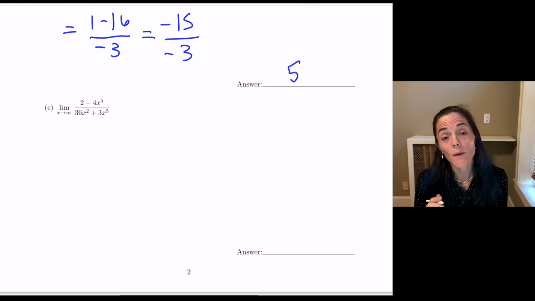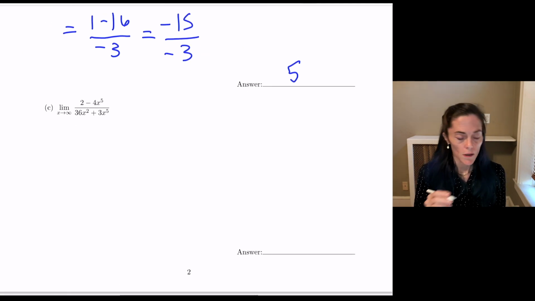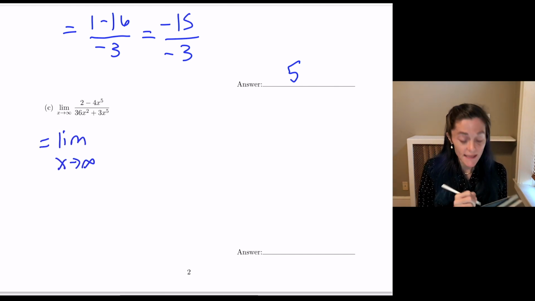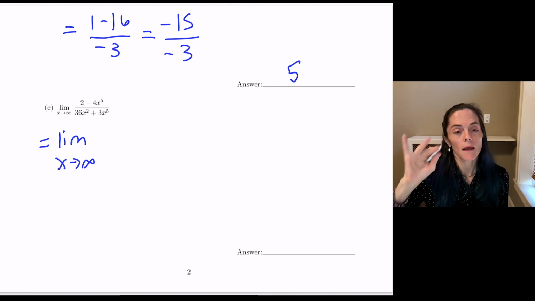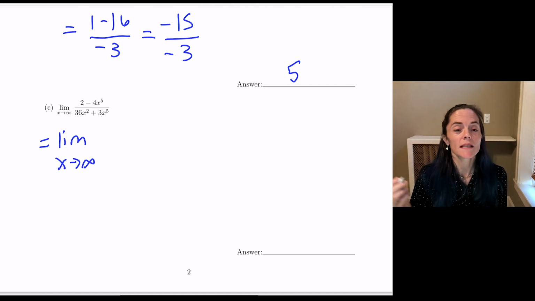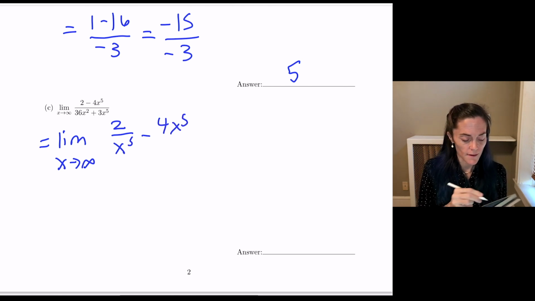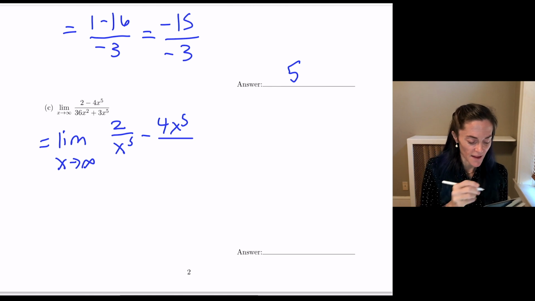Okay, next one we have a limit at infinity. So what we need to do, divide every single term by x to the highest power that we see. In this case, we see x to the 5th. So I have 2 over x to the 5th minus 4x to the 5th divided by x to the 5th.